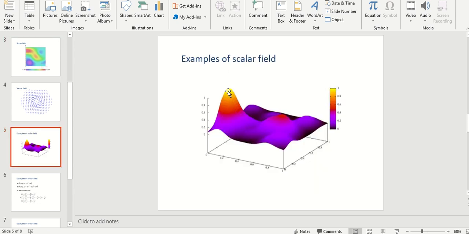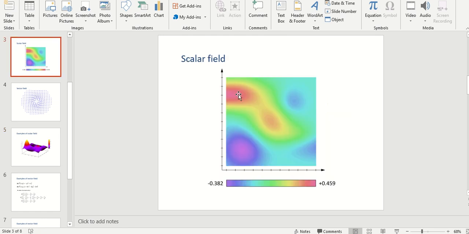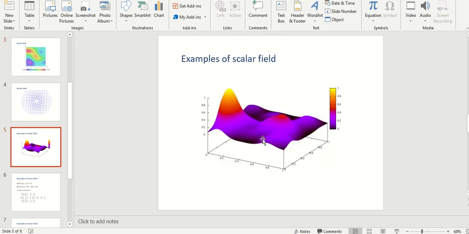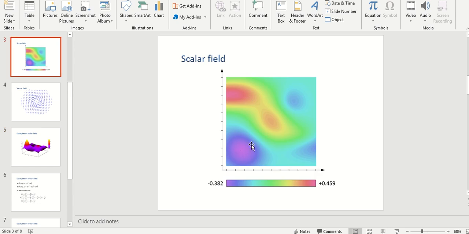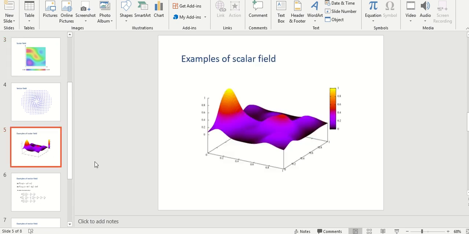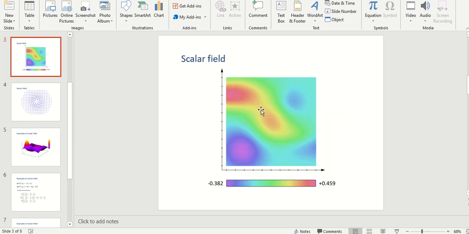That is, this high temperature portion is represented by this one, and this low temperature portion is represented by this one. Similarly, this low temperature portion is represented by this one, and this high temperature is represented by this one. Okay, so this is a contour plot.